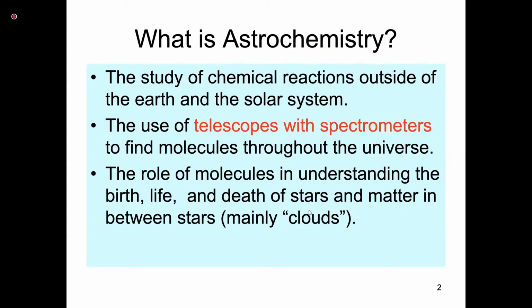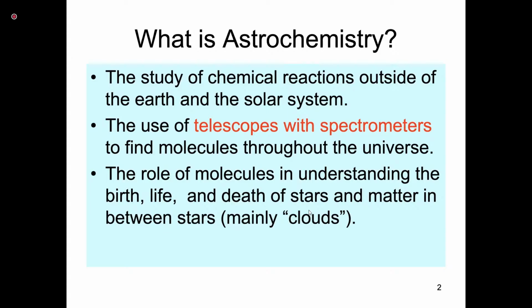All right, so a more detailed view of what is astrochemistry, some of the things you do with it. Number one, it's the study of chemical reactions outside of the Earth and the solar system. So we're going to study what happens in chemistry throughout much of the universe, actually mostly in our own galaxy, the so-called Milky Way. Next, we use telescopes with spectrometers.